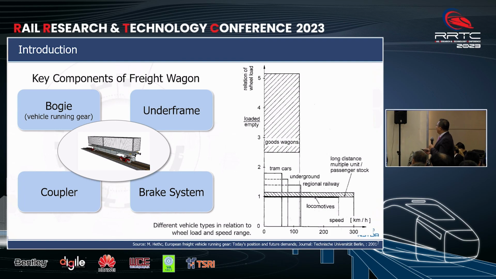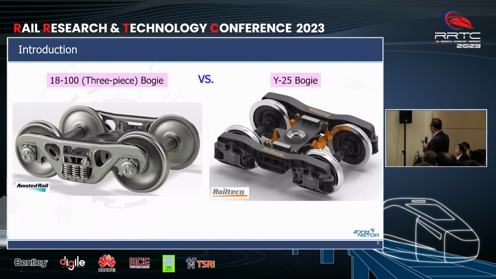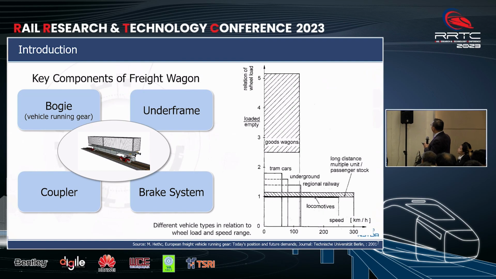In terms of the structure of the bogie, it's quite interesting to deal with the bogie of the freight wagon, because the loaded-to-empty ratio of the freight wagon is quite high.